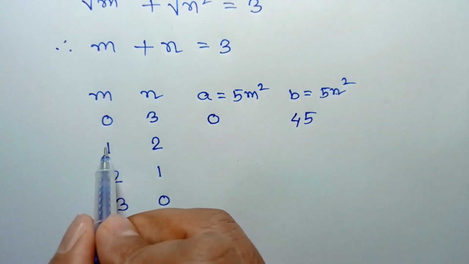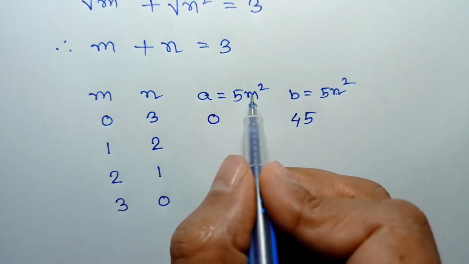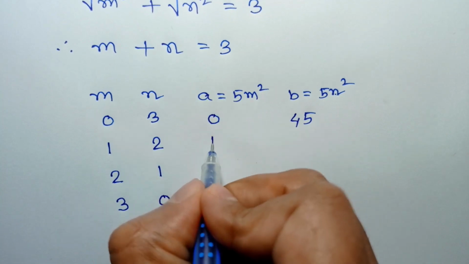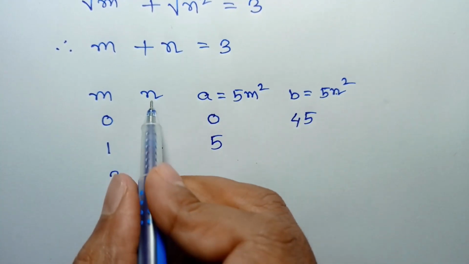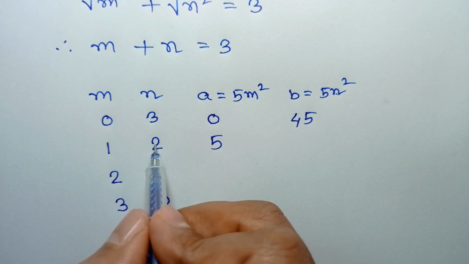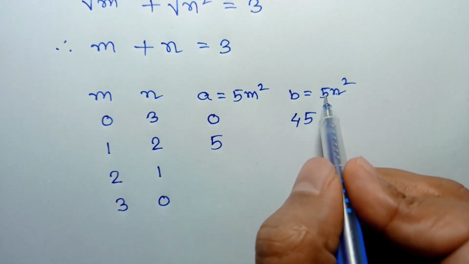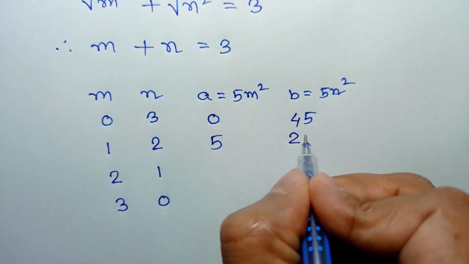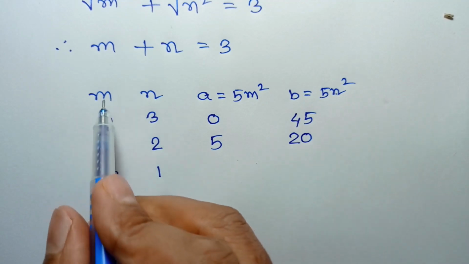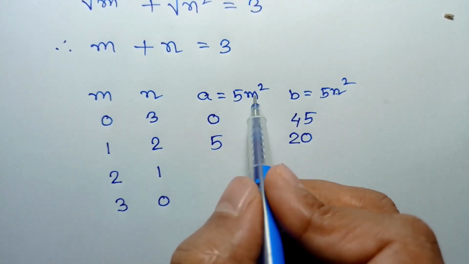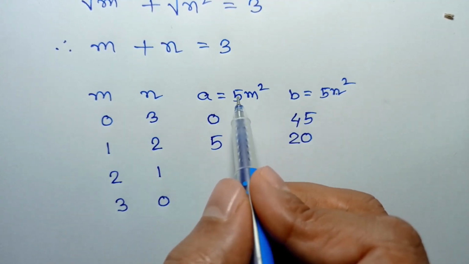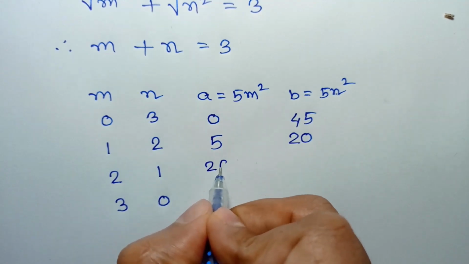And when m is equal to 1, then 1 square is 1 times 5 is 5. Then when n is equal to 2, then 2 square is 4, 4 times 5 is 20. And when m is equal to 2, then 2 square is 4, 4 times 5 is 20.